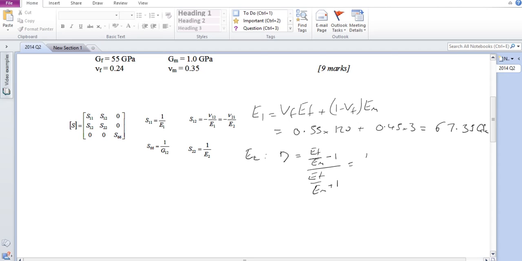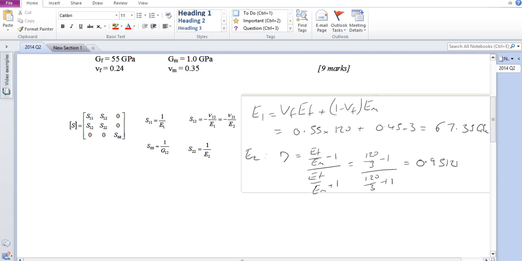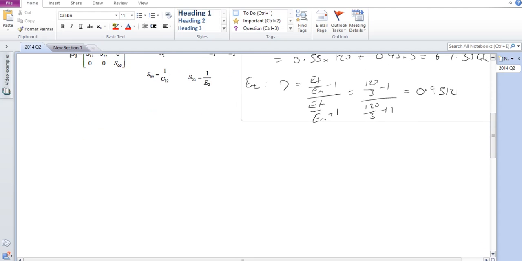That is 120 over 3 minus 1, divided by 120 over 3 plus 1, and that turns out to be 0.9512.